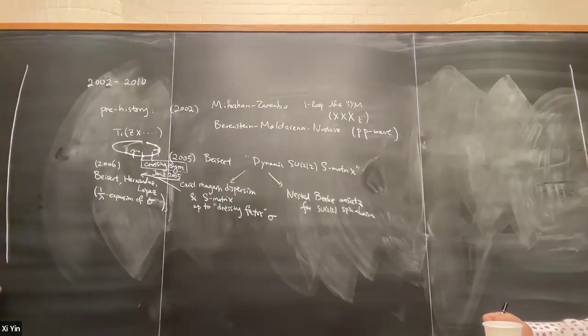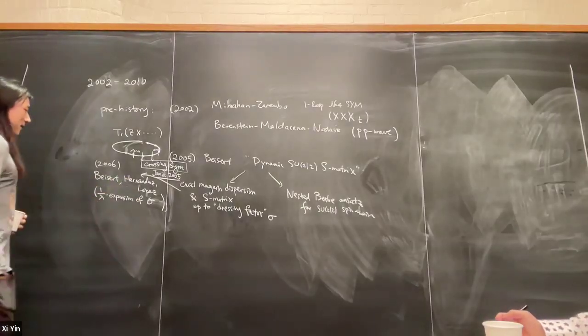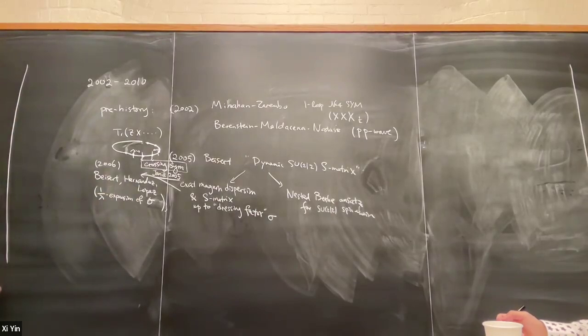This guess, initially when they wrote the paper, they said that it looks like it didn't match the weak coupling, even though it agrees with the expectation from strong coupling, based on general expectations of the worldsheet of the string.